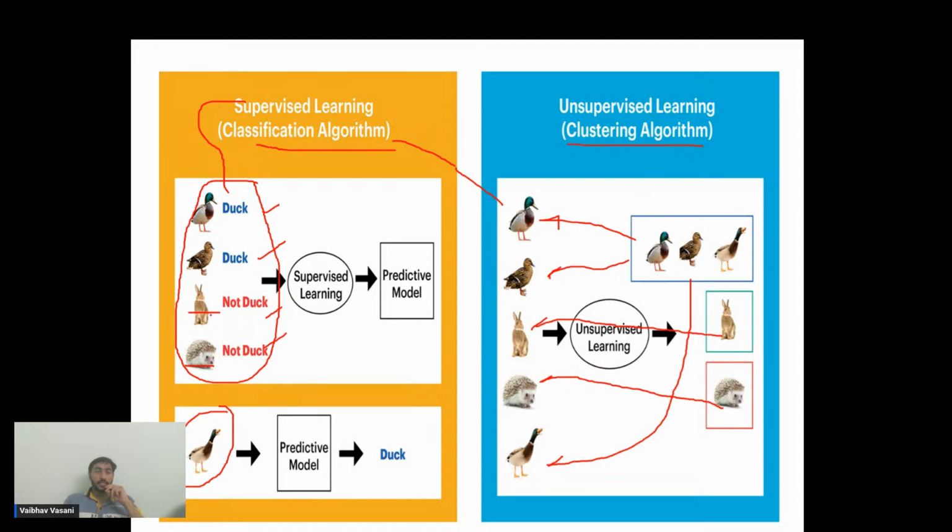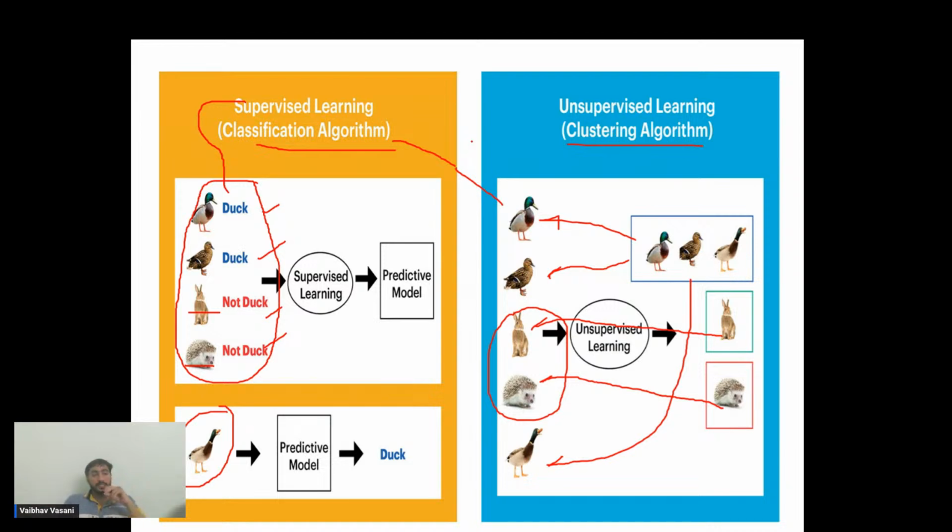Interesting, very interesting. We talked here about binary classification: duck, duck, not duck, not duck. But these two objects have different features, and the clustering algorithm is in a position to understand those features and categorize them separately.